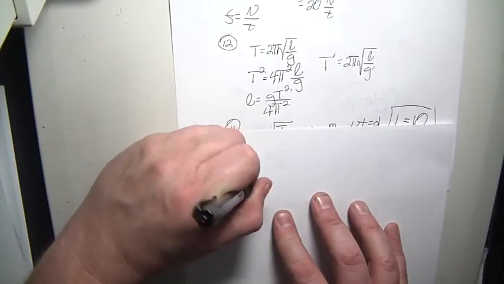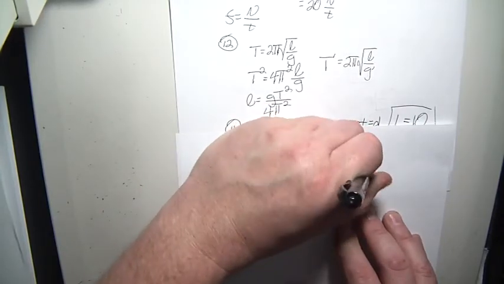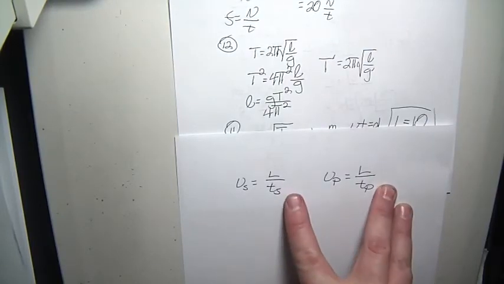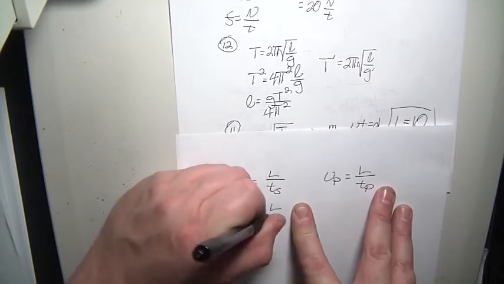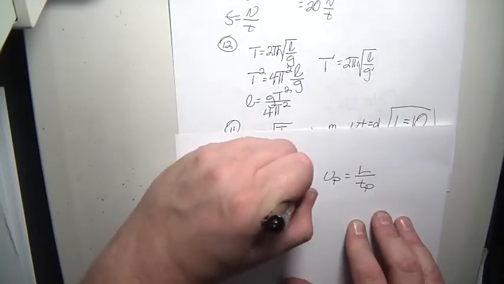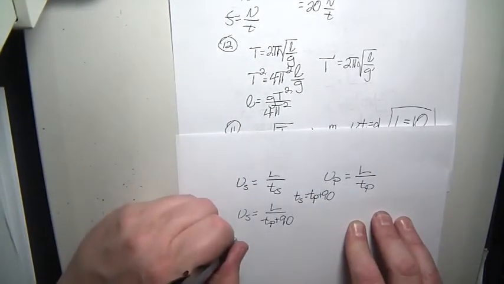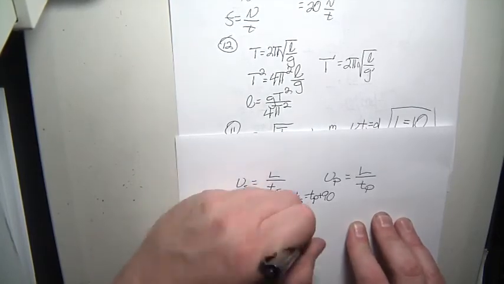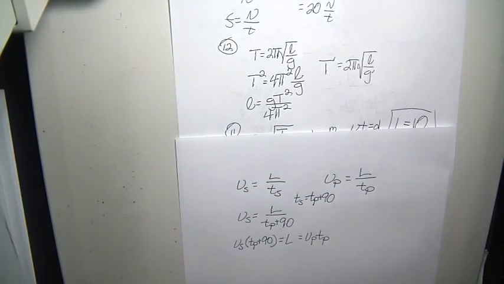So VS is L over TS. VP is L over TP. And what we're gonna do is change everything so that we eliminate the time TS, because we're going to change it to TP plus 90. TS is TP plus 90. That means VS times TP plus 90 is equal to L. And then L also equals VP TP. There we go.